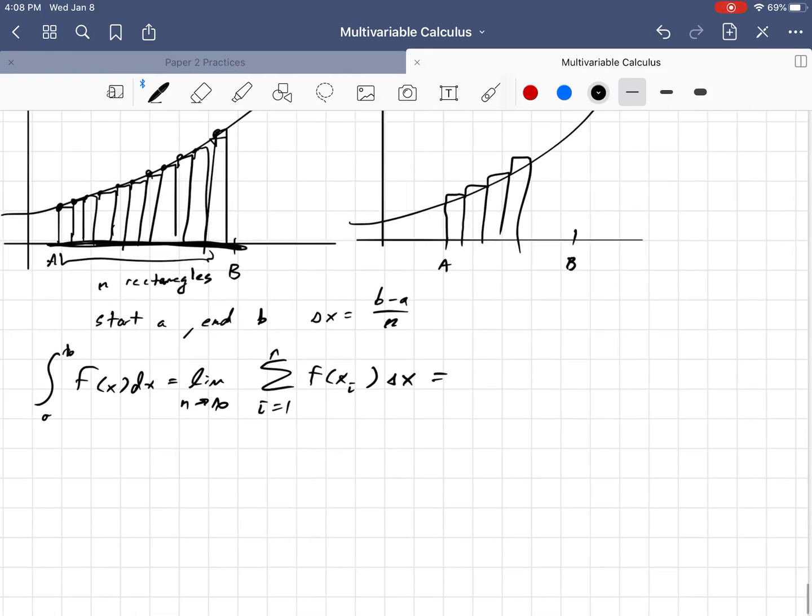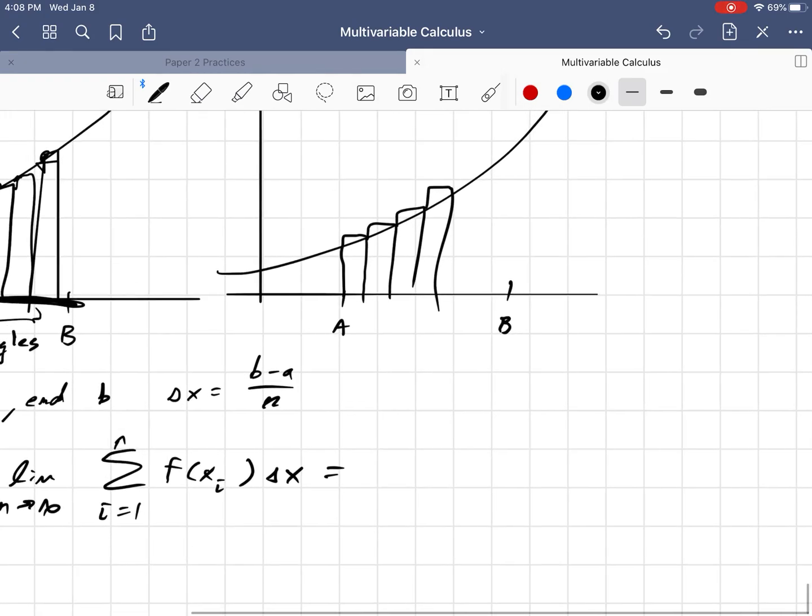i is the indexing variable. In other words, i tells you what number rectangle you are on. Like here, this is the first rectangle, so i is equal to 1. This is the second rectangle, i is equal to 2. This is the third rectangle, i is equal to 3.